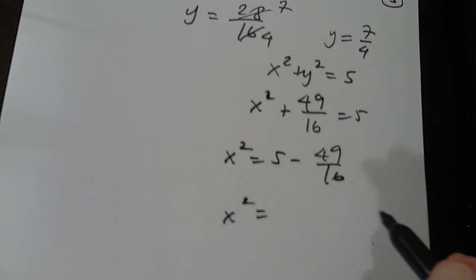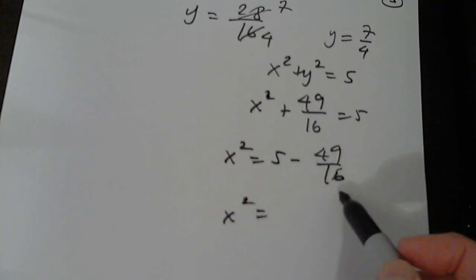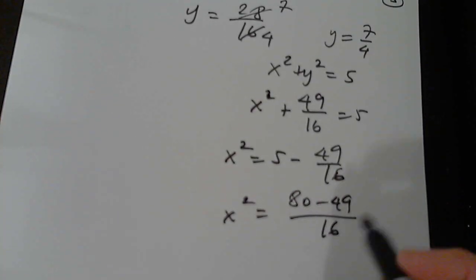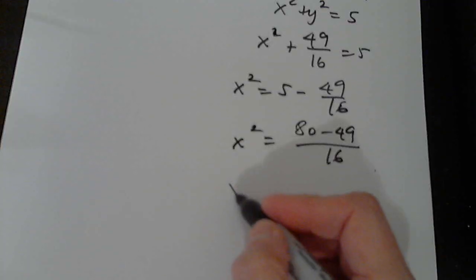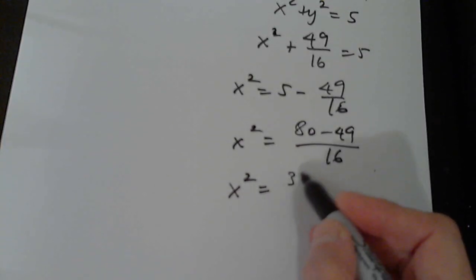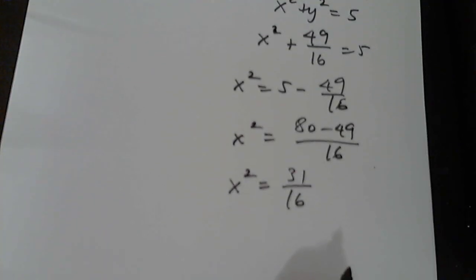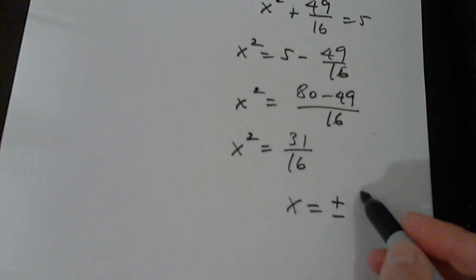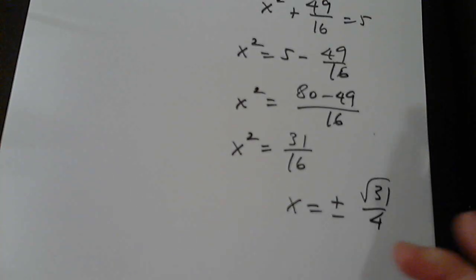So x squared is 5 times 16, which is 80, minus 49 over 16. So we get x squared equals 31 over 16. Very ugly. So plus or minus, I take the square root of 31 over 4.